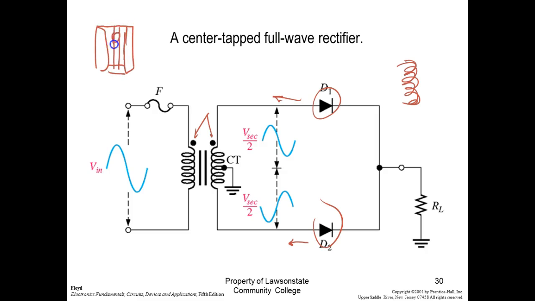And then they'll have a core, and these are wound on top of each other. If they wind them in the same direction, when the magnetic field goes out of the primary, it goes into the secondary. So at an instant in time, if this is positive negative, then the output of the transformer would be negative positive.